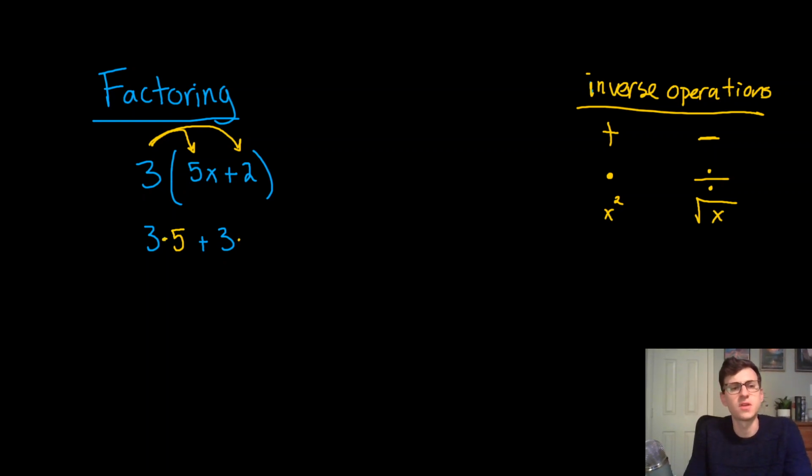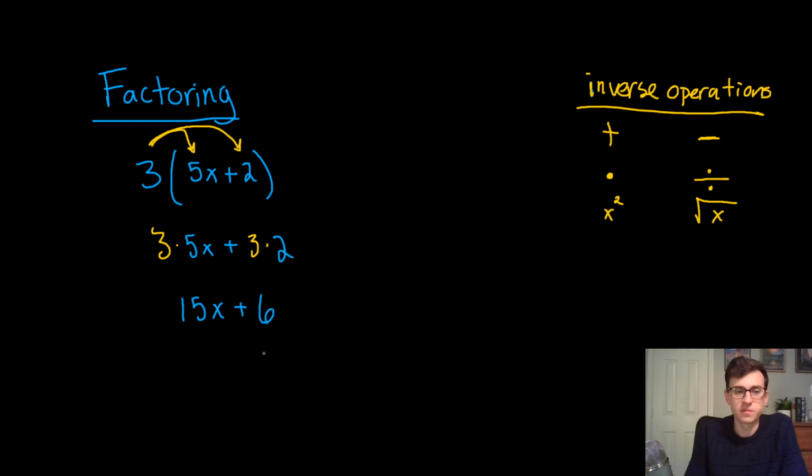Right? So we have 3 times 5x, plus 3 times 2. And that leaves me with 15x plus 6. Okay? That's distributing.